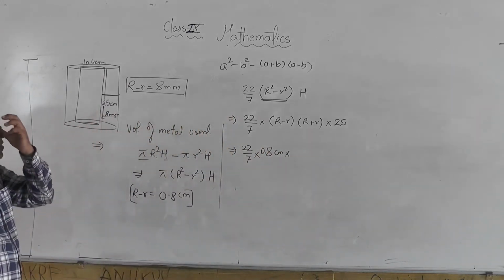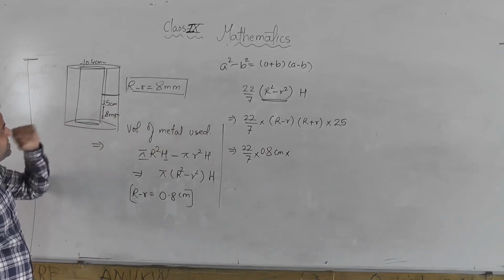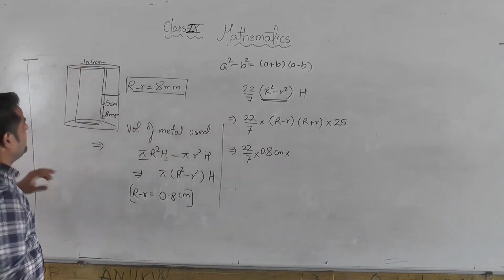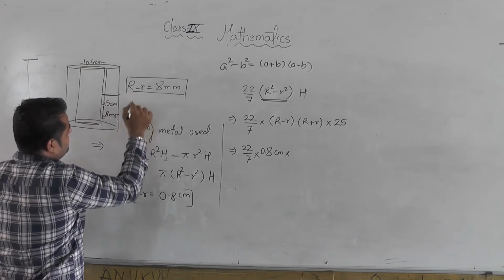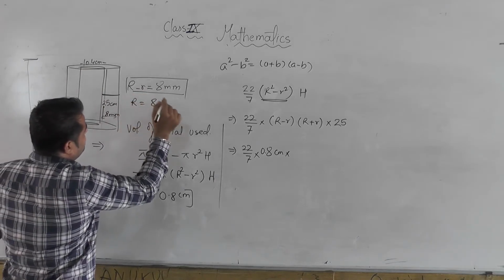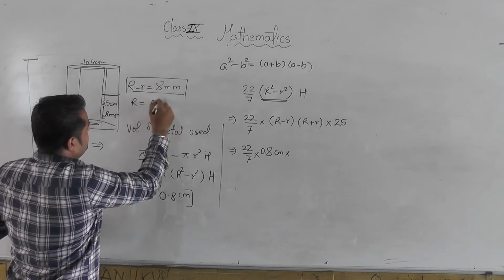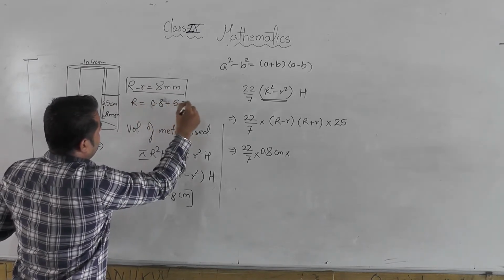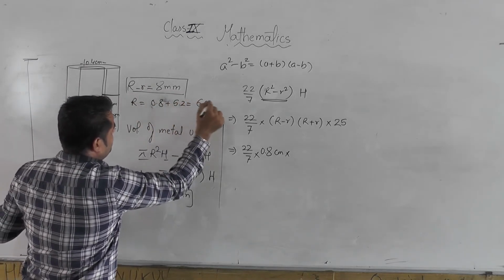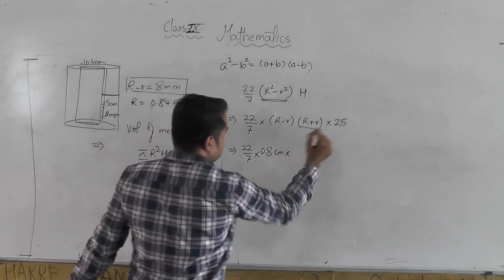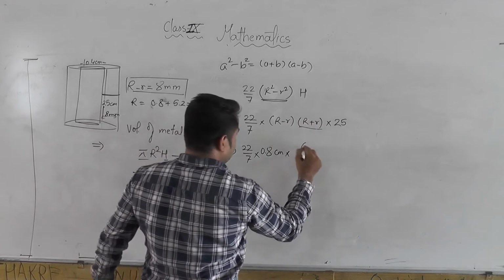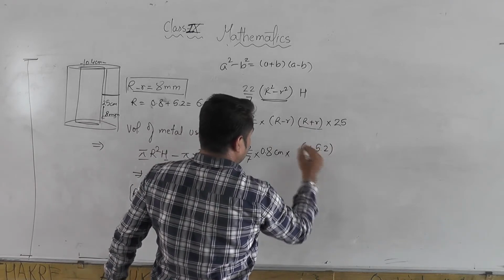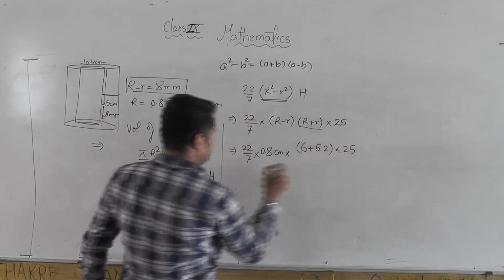Now R plus r we don't know; we only know the radius of the inner cylinder, which is 5.2. So I am transposing it. Capital R will be 5.2 plus 0.8, which becomes 6.0 centimeters. So R plus r is 6 plus the inner radius, 6 plus 5.2, times 25.